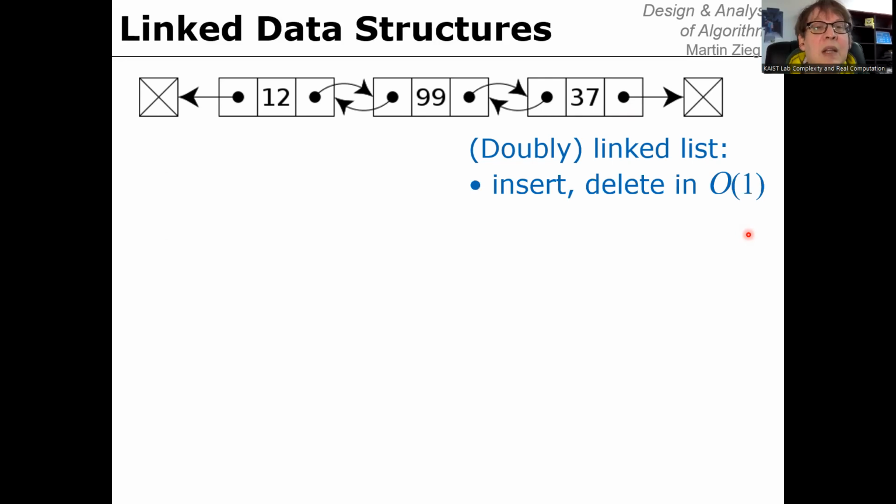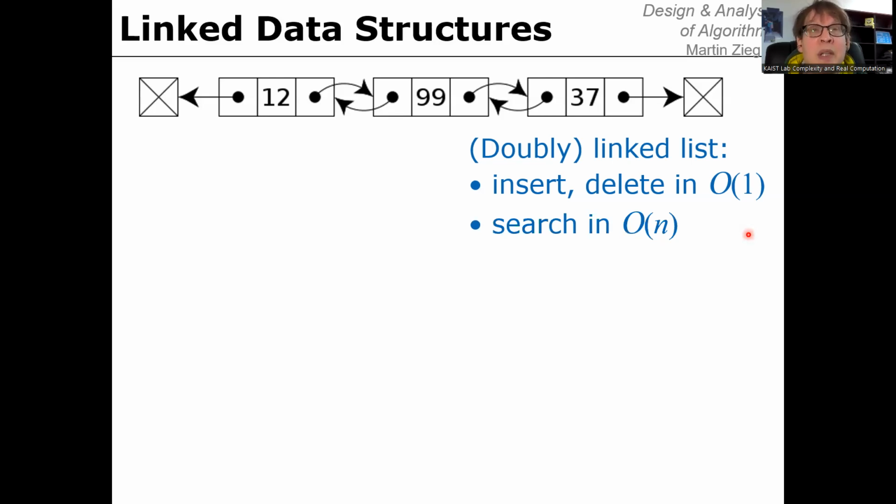Such a doubly linked list now allows us to insert and delete elements in constant time, whereas arrays had linear time because we needed to make room for the new element inside. Therefore, we had to shift up and down all elements. On the other hand, searching a linked data structure takes linear time.